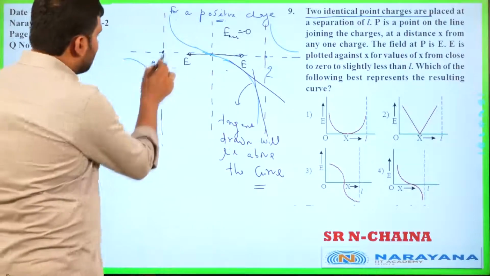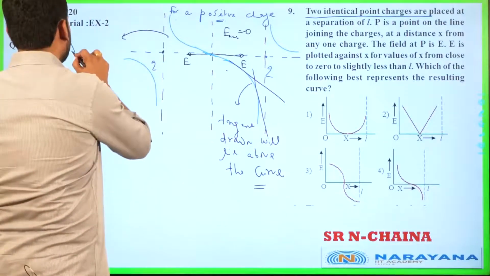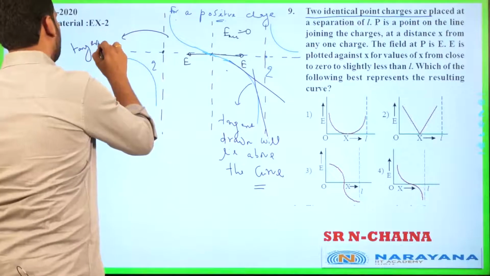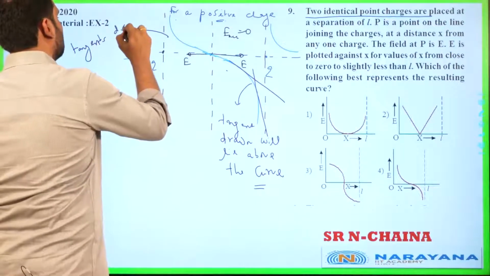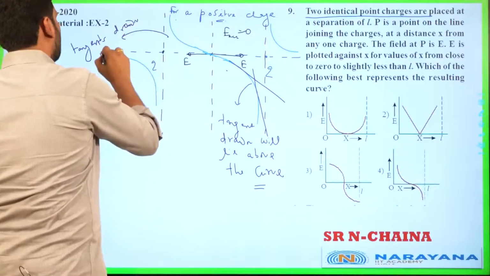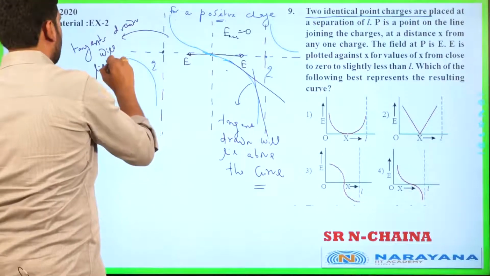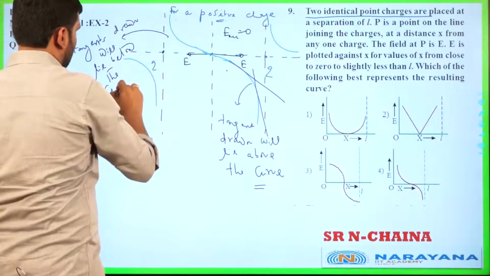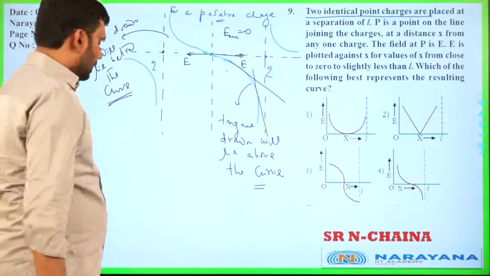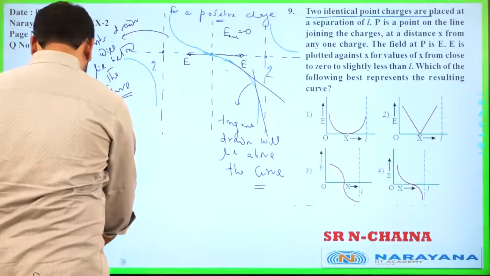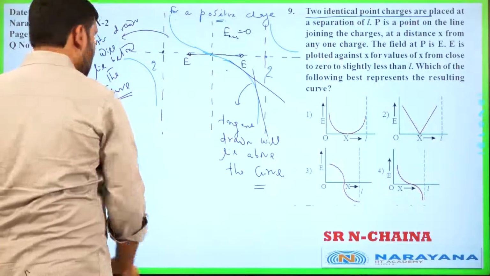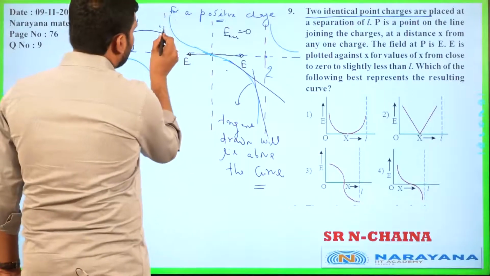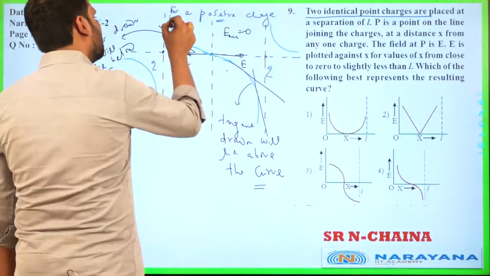You look at this side, a tangent drawn will lie below the curve. Why? Check it. Draw a tangent here. It will lie below the curve.